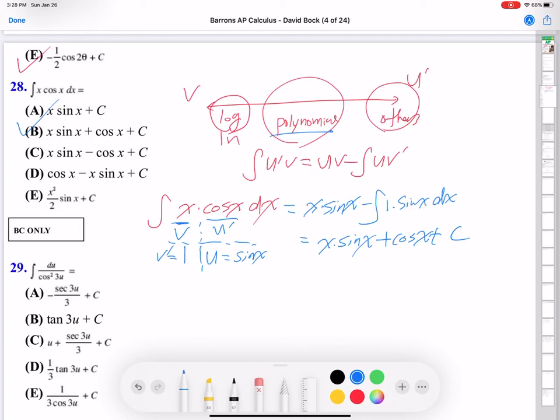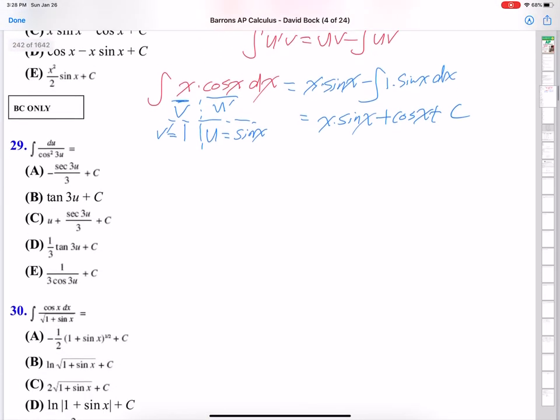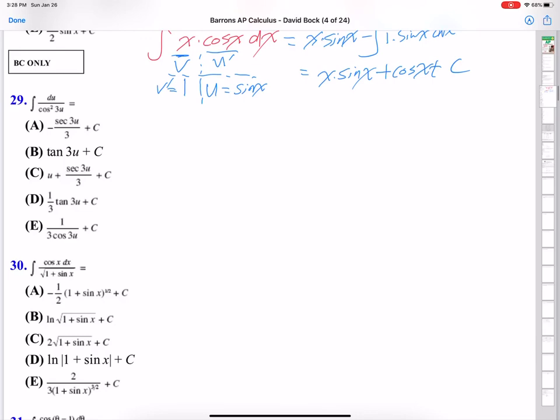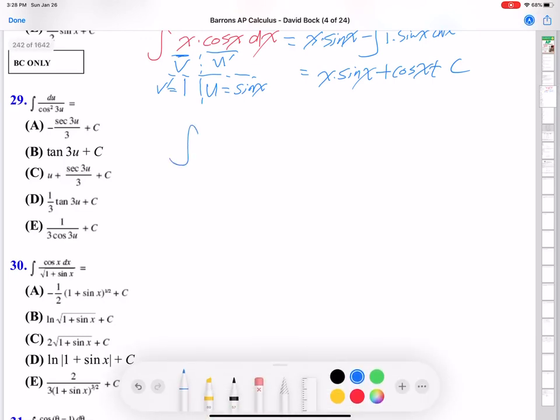B is the answer. Number 29. Integral 1 over cosine squared 3u du, right? Okay. What is 1 over cosine x? 1 over cosine x equals secant x, right?